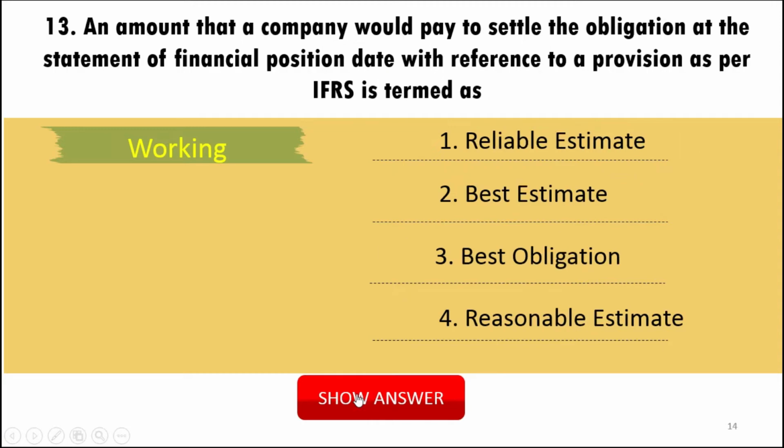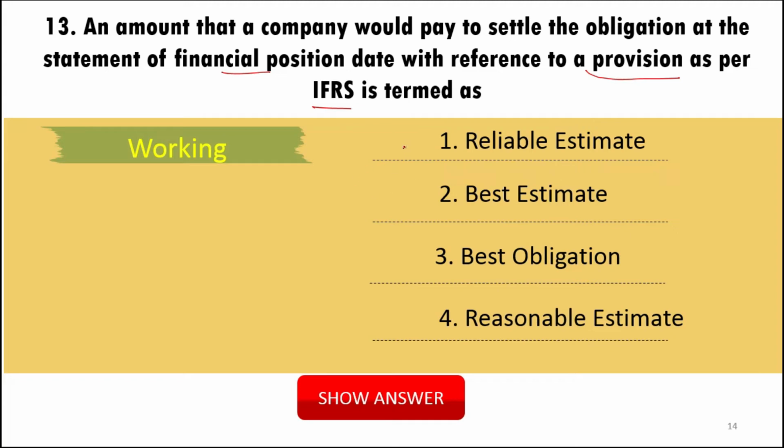Next question, question number 13. An amount that a company would pay to settle the obligation at the statement of financial position date with reference to a provision, as per IFRS. So an amount with reference to a provision as per IFRS is which amount?